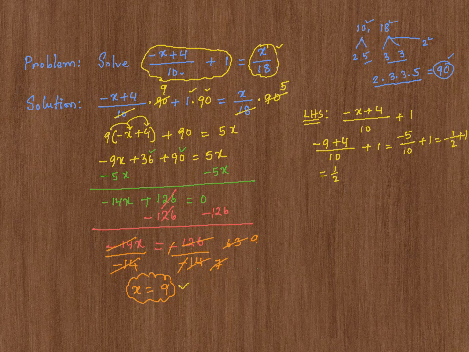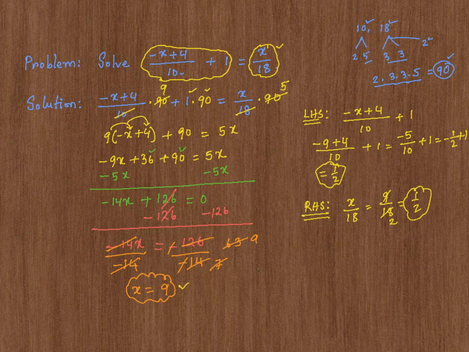So the left hand side evaluates to 1/2. Then let's see if the right hand side evaluates to 1/2 as well. Right hand side is x over 18, which is 9 over 18, which is, by the way, 1/2, because 9 goes into 18 twice.